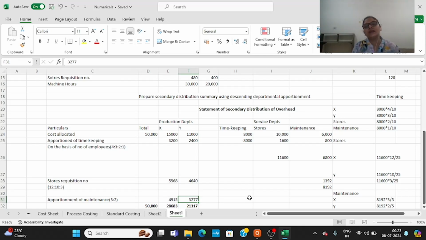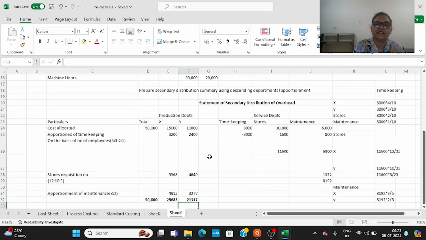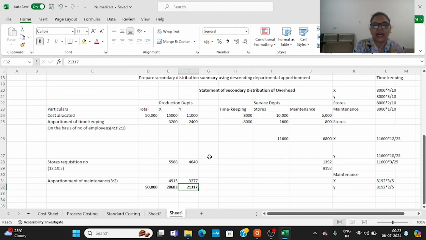Now if you do the calculation for production X, 1500, 3200, 5568, 4915, it will come out to be 28,683, and for Y department it will come out to be 11,000, 2400, 4640, 3277. If you add these two figures, you will get the total cost, that is 50,000.